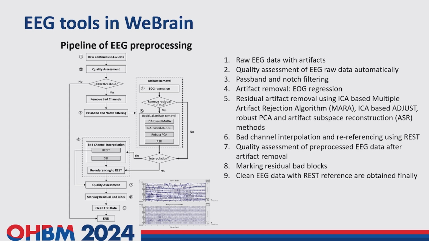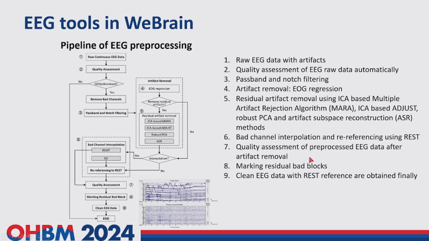So we combine the above quality assessment and the REST technique into the EEG pre-processing. For the raw EEG data with artifacts, quality assessment of EEG raw data is performed automatically. And after the passband and notch filtering, the artifact removal methods based on the EOG regression and the ICA-based methods are performed here.